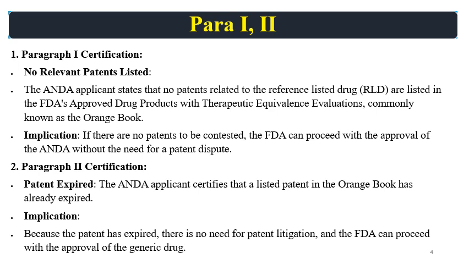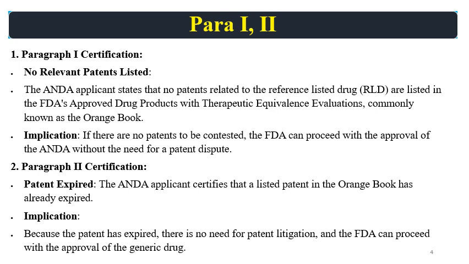Para 2 certification: the patents are expired. The ANDA applicant certifies that the patent listed in the Orange Book has already expired. And what are the implications of para 2 certification? See, as the patents are expired, there is no need for patent litigation and the FDA can proceed with the approval of the generic drug. So in para 1 patents are not there, and in para 2 patents are already expired.